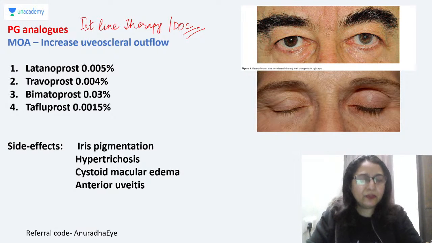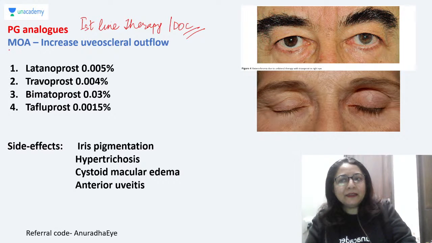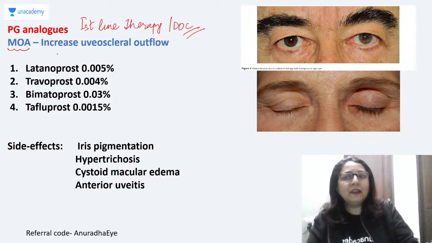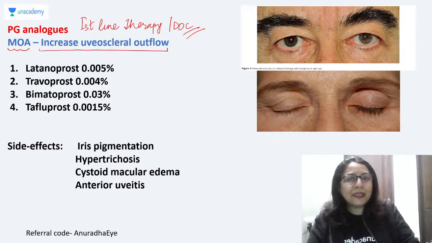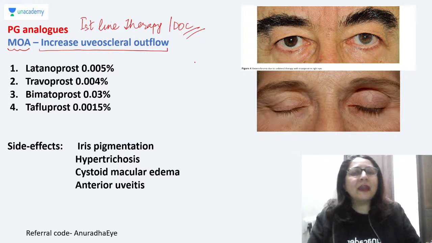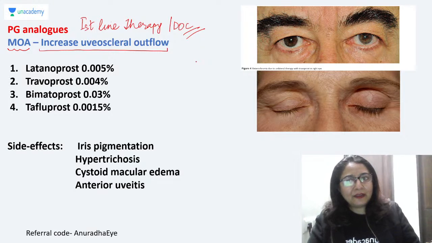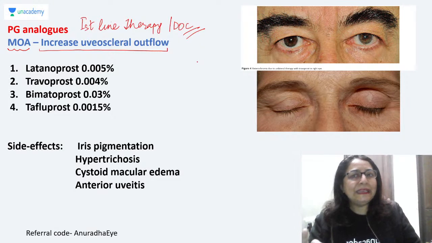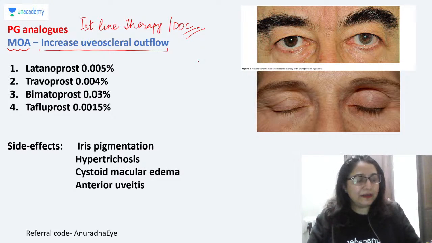So in today's world, prostaglandin analogs constitute the first line therapy. What is their mechanism of action? Prostaglandin analogs act by increasing the uveoscleral outflow. This is important to remember: what is the mechanism of a particular antiglaucoma drug? So prostaglandin analogs help by increasing the uveoscleral outflow.